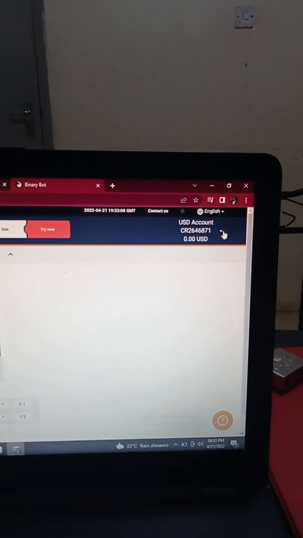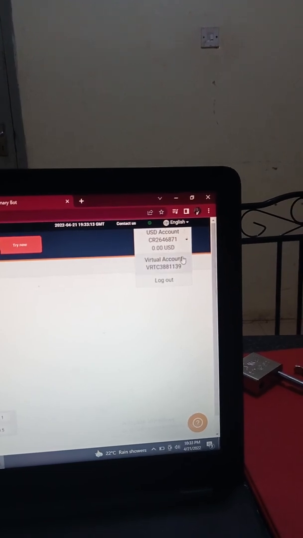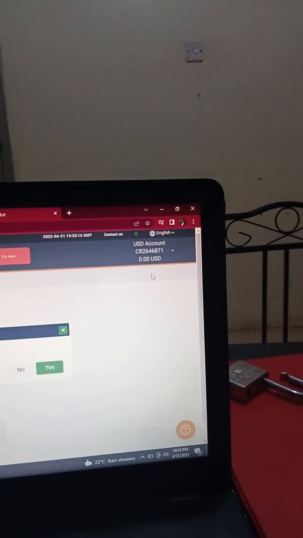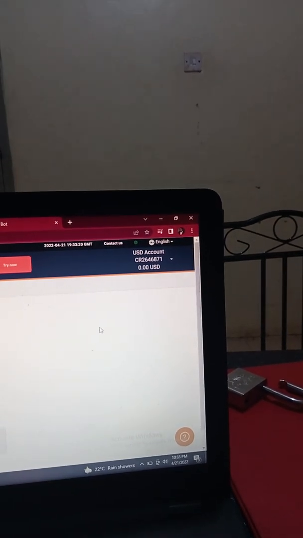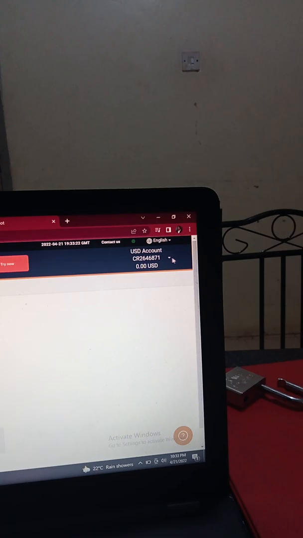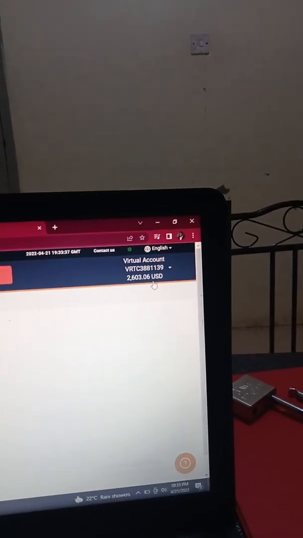As you can see, the balance is 0.00, but let's try the virtual account. The virtual account has around $2,603.